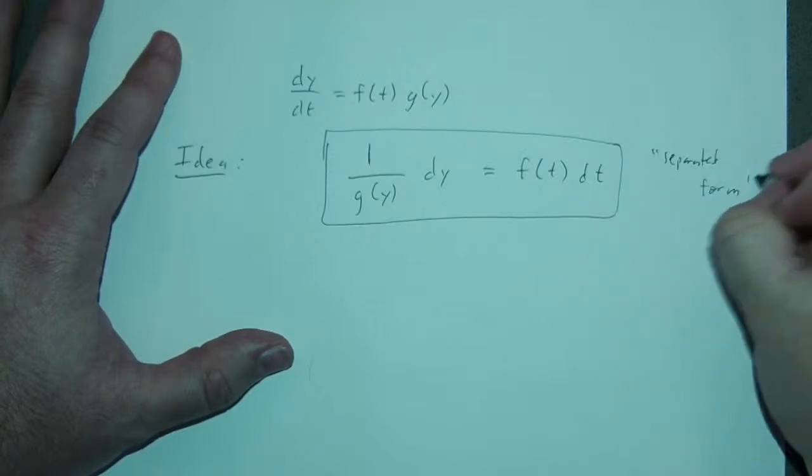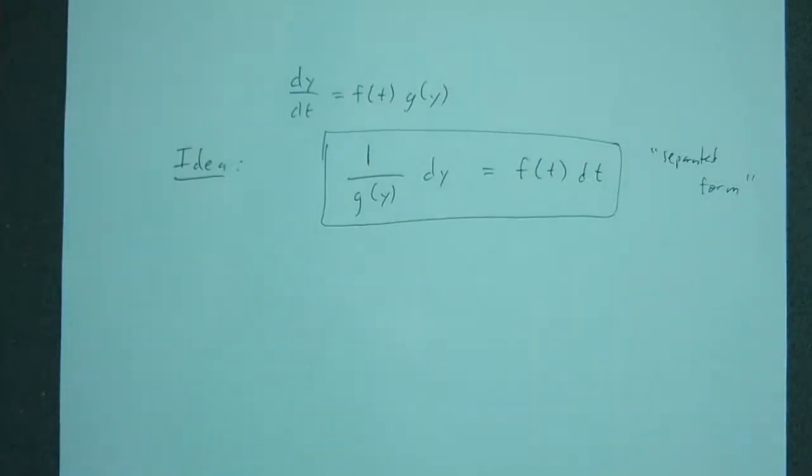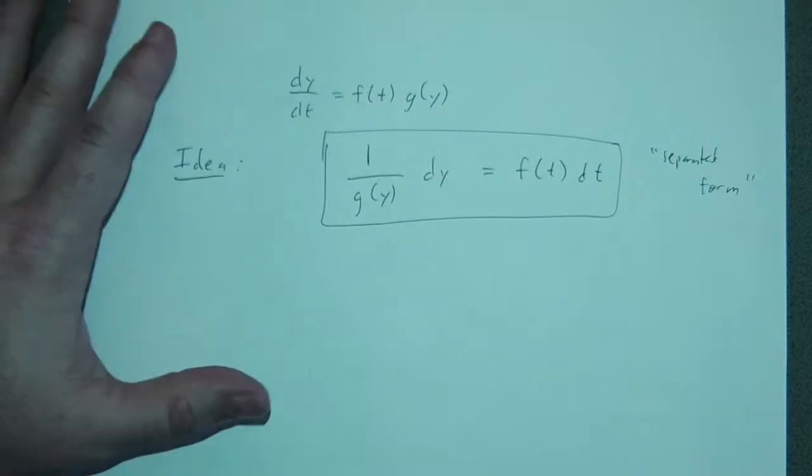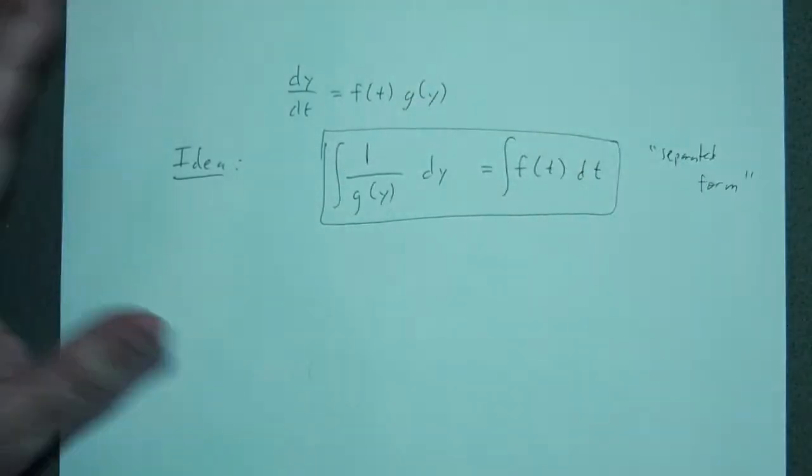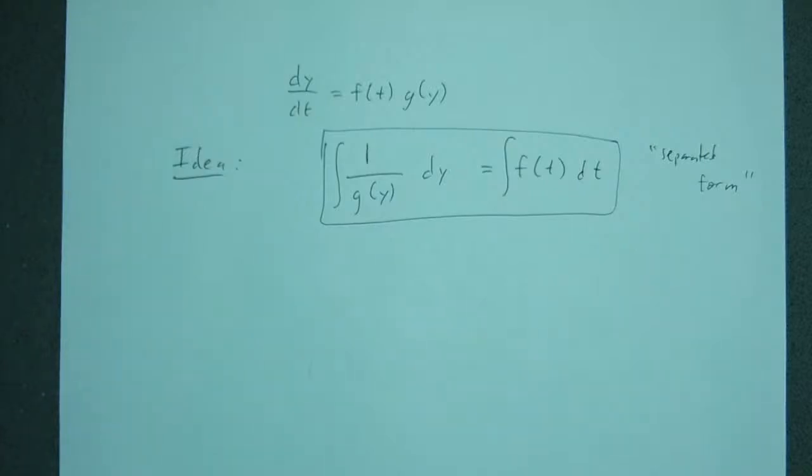Now, why is this nice? This suggests what we should try to do next, which is integrate both of those. You have a function times dy, a function times dt, a function times d-something, where the something is the variable the function depends on. That suggests you want to take an integral.